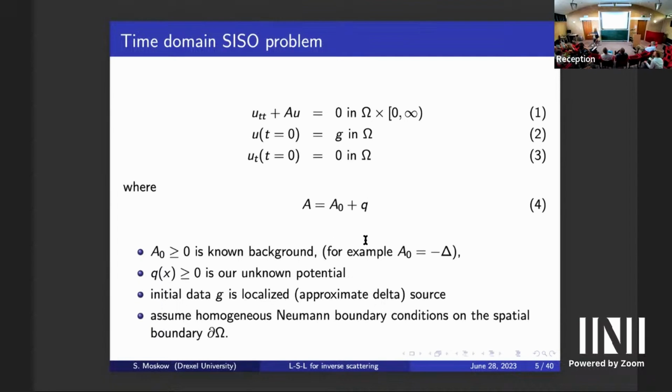It will be in all the examples. And you want to reconstruct this Q, our unknown potential. And assume we have some initial source and homogeneous Neumann boundary conditions everywhere on the spatial boundary.